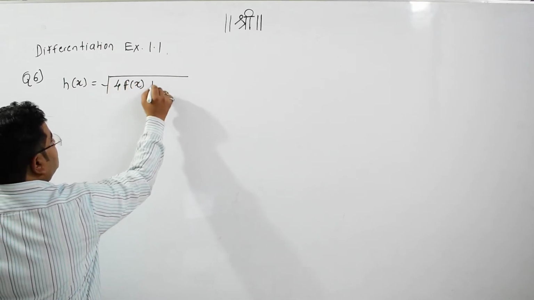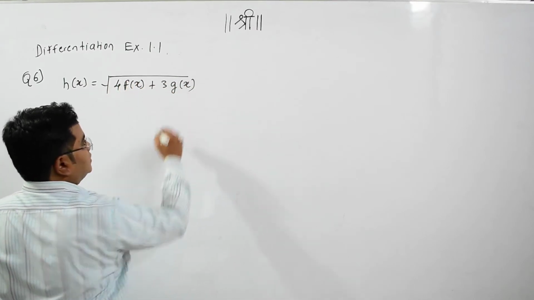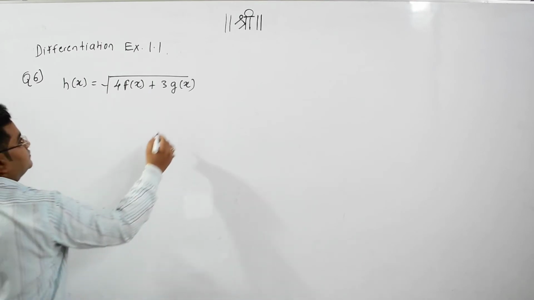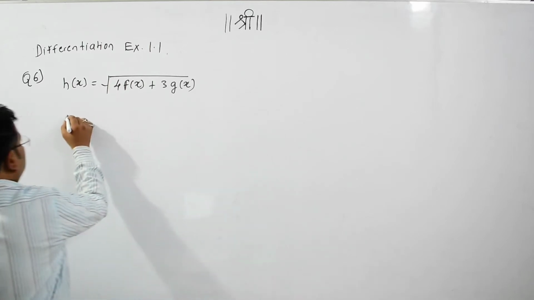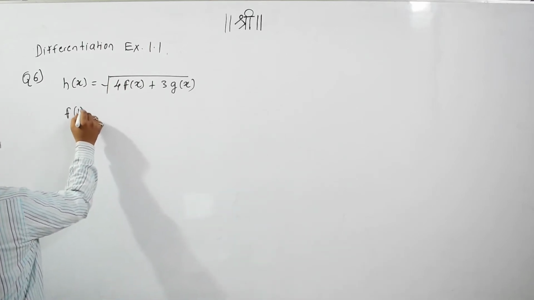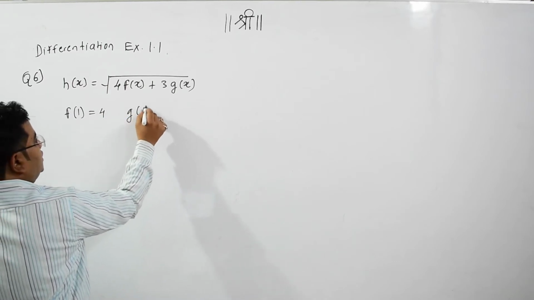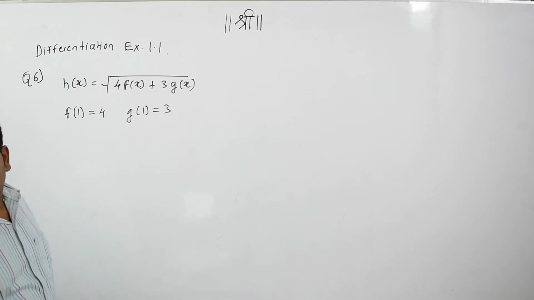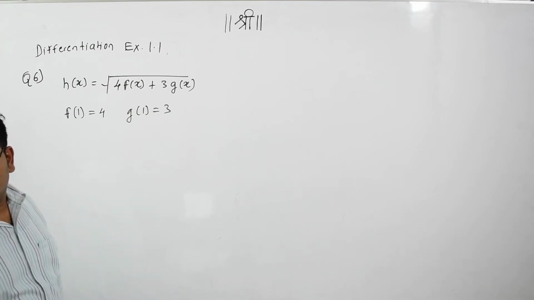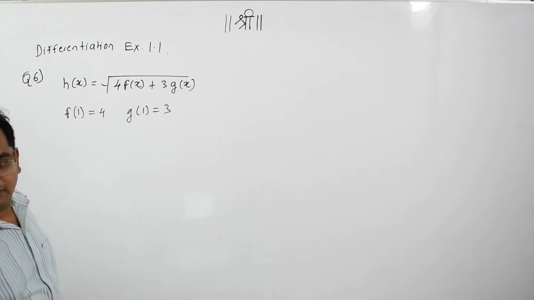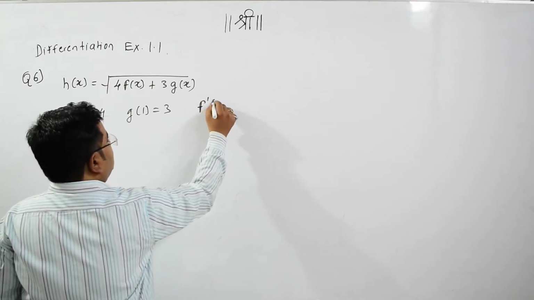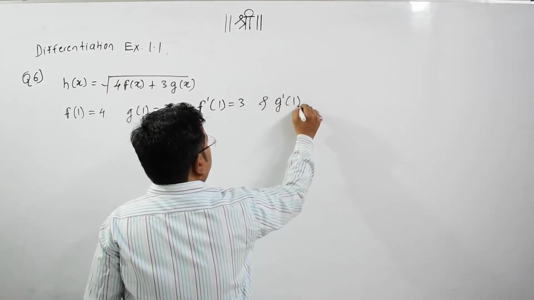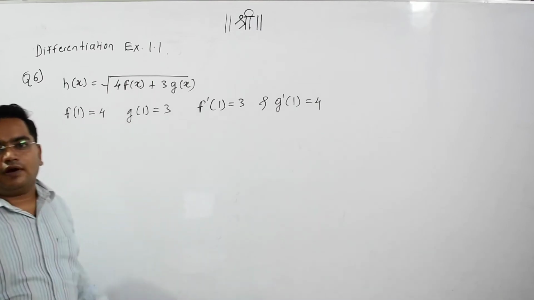Here we have f of 1 is equal to 4, g of 1 is equal to 3. Hope that's correct? Yes, correct. Now next, f dash of 1 is equal to 3 and g dash of 1 is equal to 4. Now what we need to find out? Common sense.